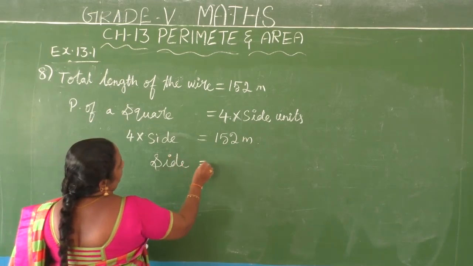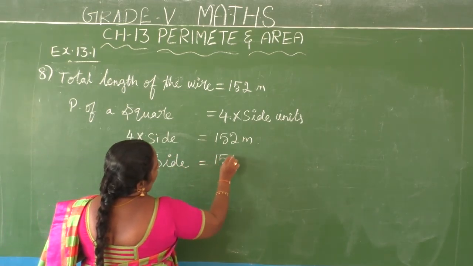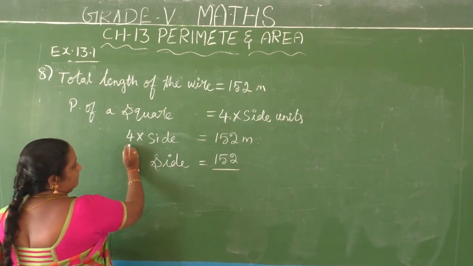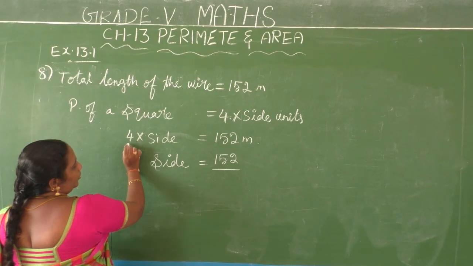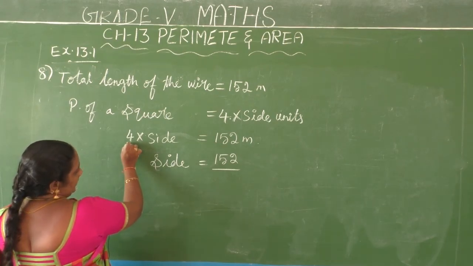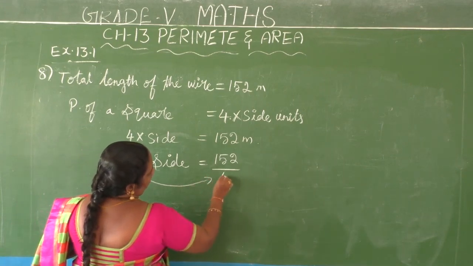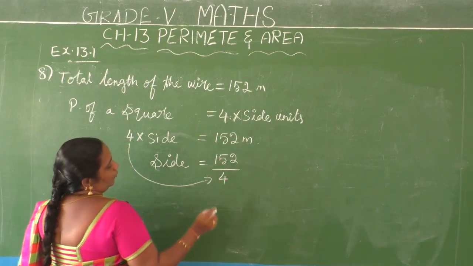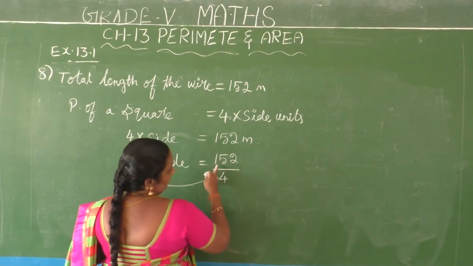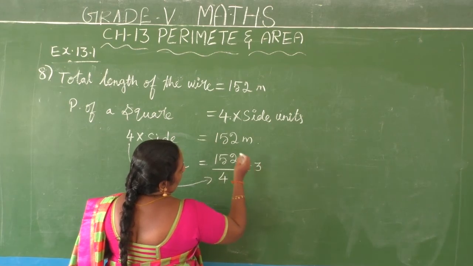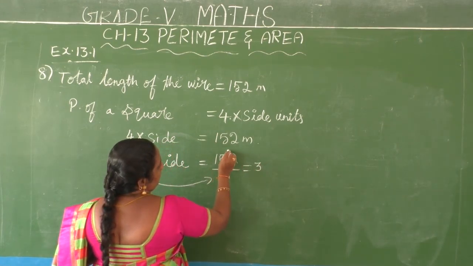Side equal to 152 by 4. Already I told you, whenever you are going to find out anything from the left side, you move to the right side; here it's a multiplication, so it converted into division. So 152 by 4. Find out how many 4s are there in 15. 3 4s are 12. Remaining 3 is there.